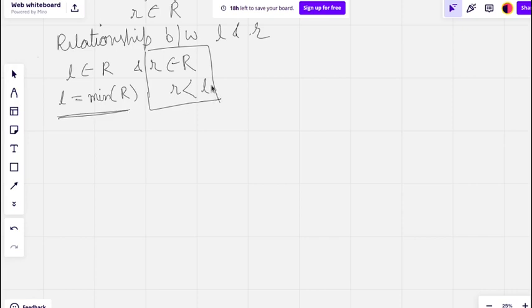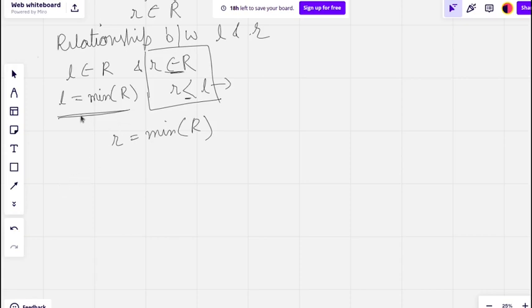But here we are coming to a conclusion that there exists an element R which is less than L and belongs to the set R. So this simply means R is equal to the minimum of the set R, isn't it?